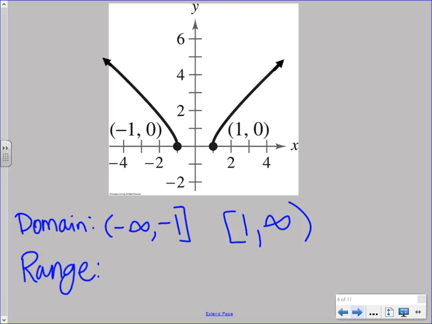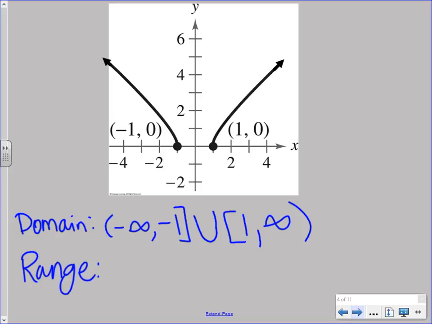Now, since we have two different intervals that collectively describe the domain, we're going to put a little U in between them to union them. The book won't do this, but I like to. That way you know that those are stuck together. We're unioning those together. They're describing one thing.